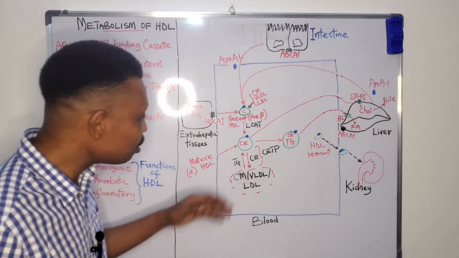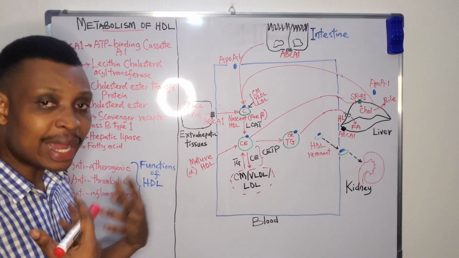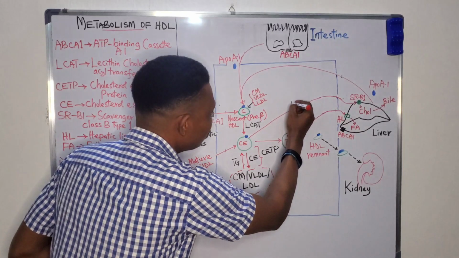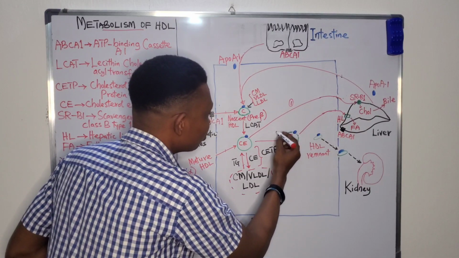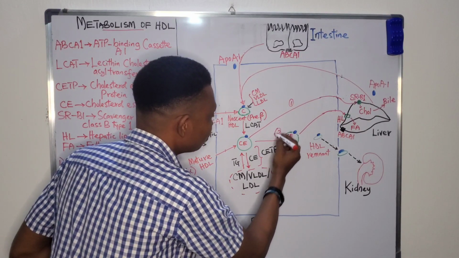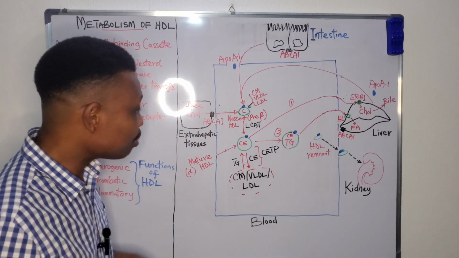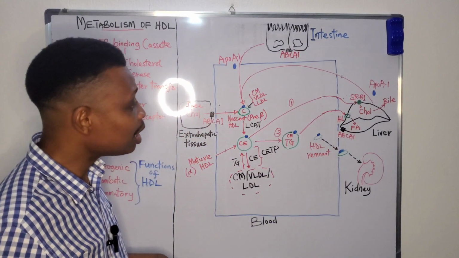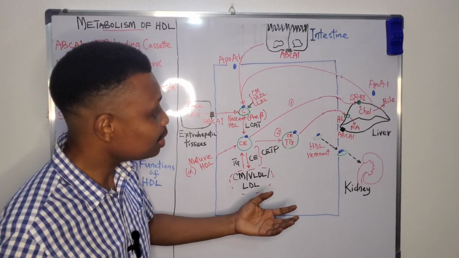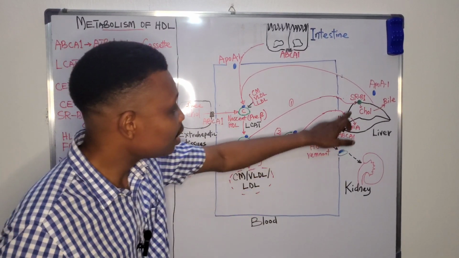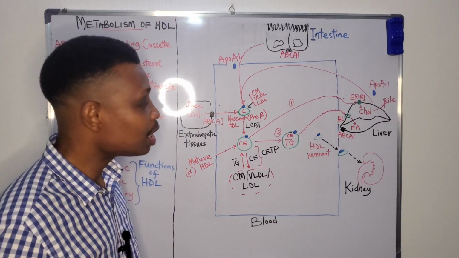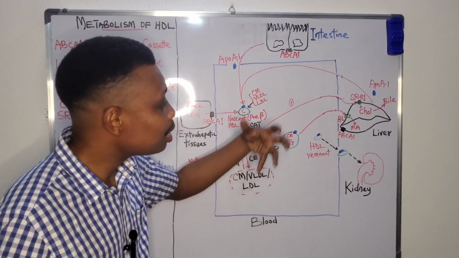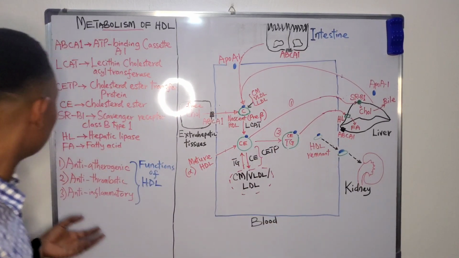Now, the mature HDL will do either of two things. First, this is number one, and then this is number two. The mature HDL can be taken up directly by the liver. On the surface of the liver, there is a receptor called SR-B1, which stands for scavenger receptor class B type 1.